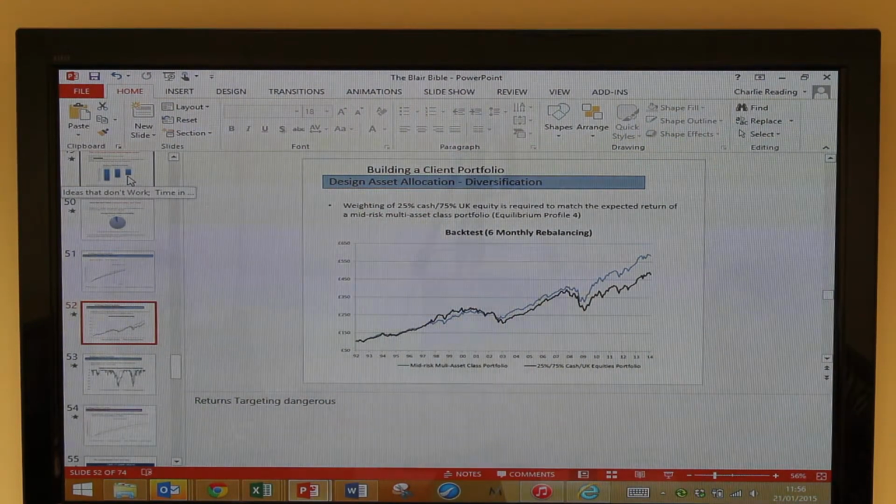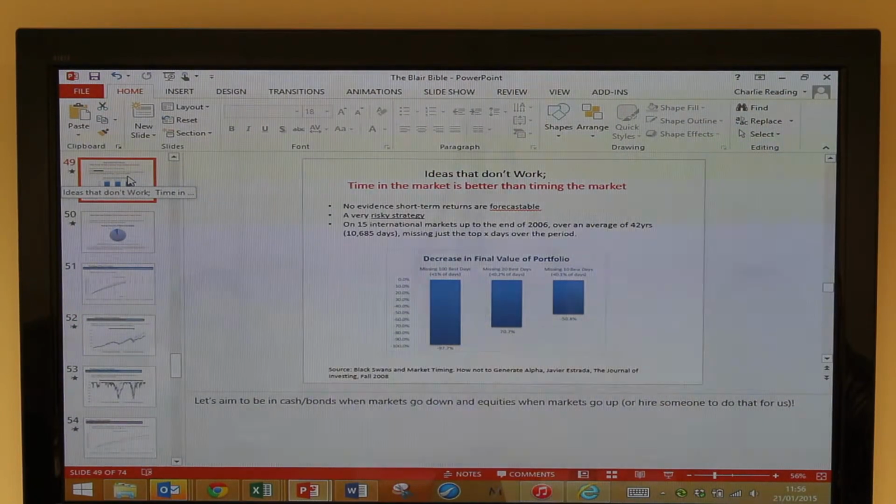One other thing you asked about was trying to time the market. Should we be trying to time the market? Well, actually, there's a saying that time in the market is better than timing the market. And this slide just shows you the effect of missing the best days over the last 42 years.